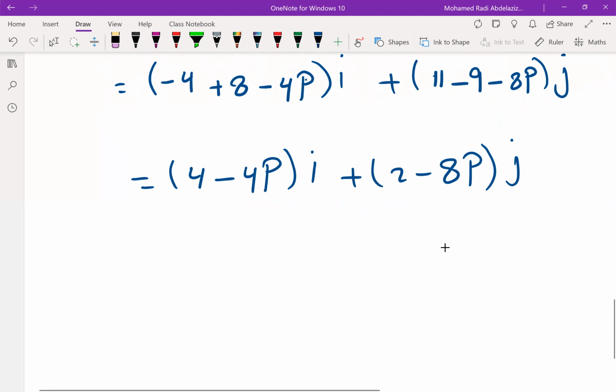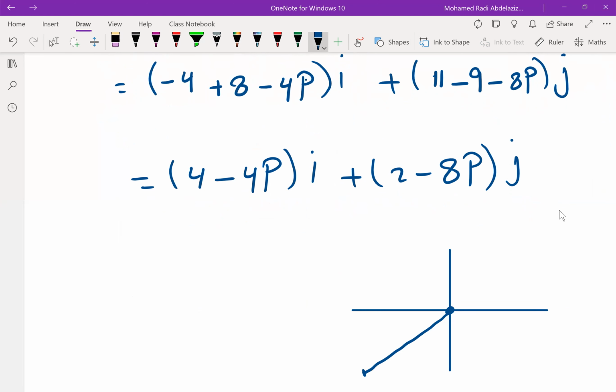It's given information that when A is at this position, B is southwest. So the ratio is minus 1 to 1. So this direction is parallel to minus i and j.